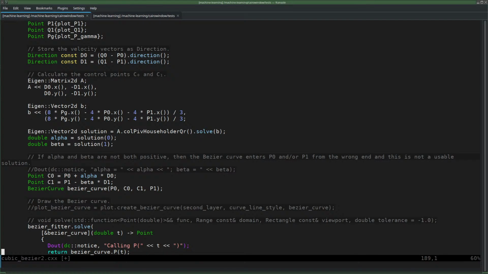Direction is a unity vector. If I would just remove direction here, we would instead get something with a rather arbitrary length.